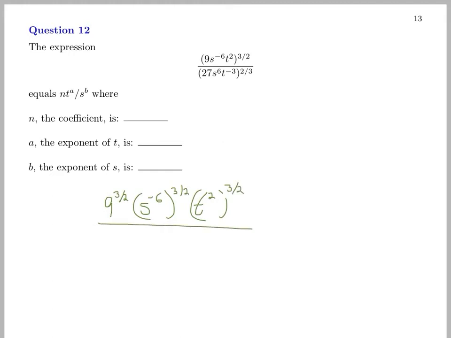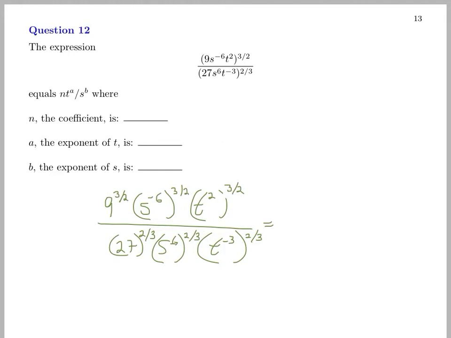And then in the denominator we have 27 to the 2/3, s to the 6 to the 2/3, t to the minus 3 to the 2/3.